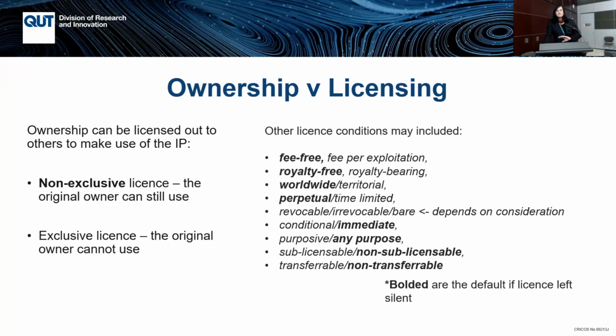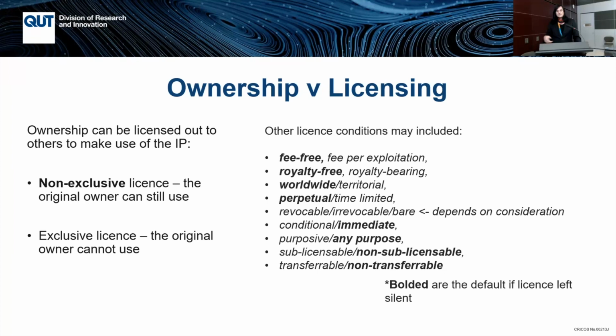So if we imagine that there's no contract in place, which is sort of where I was coming from before, and we've got one person that says, I'm the owner of this IP and I grant you a license to make use of that IP, then the law will kick in and say that there are a bunch of default terms which will allow us to understand what that license means.